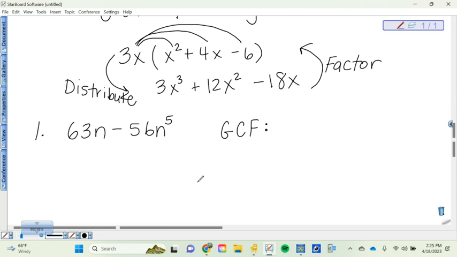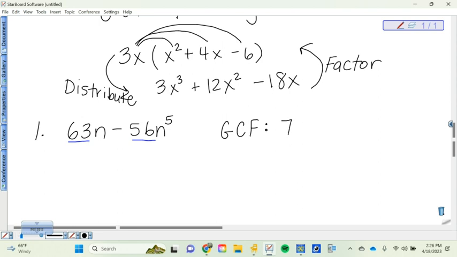What's the greatest common factor here? Look at the numbers first. What's my greatest common factor between 63 and 56? 7.